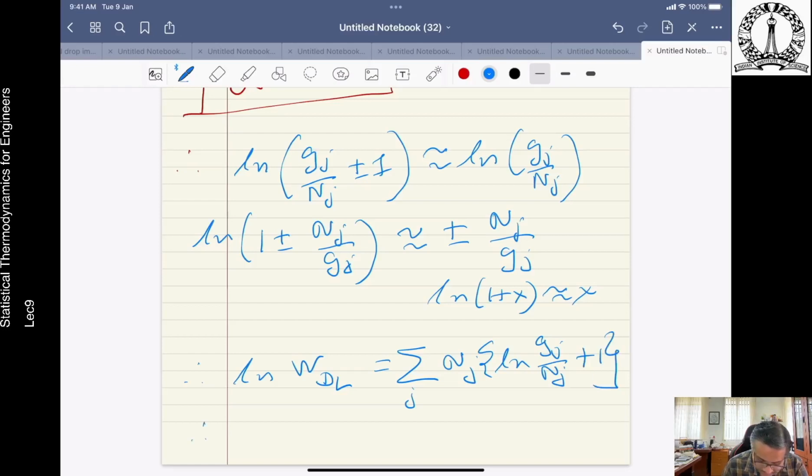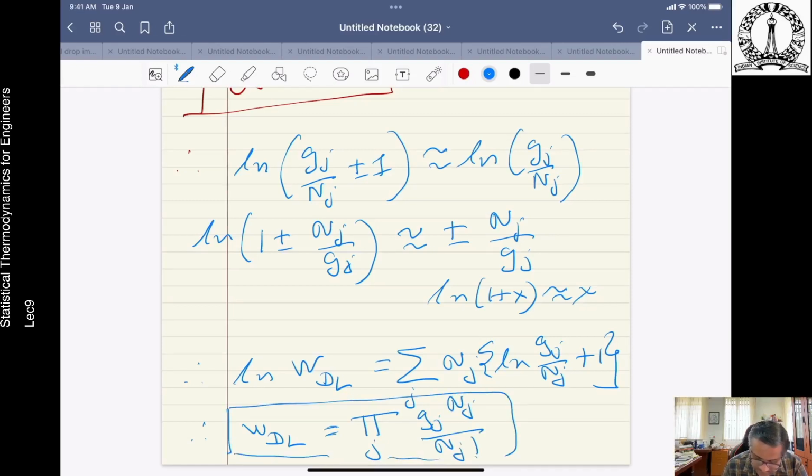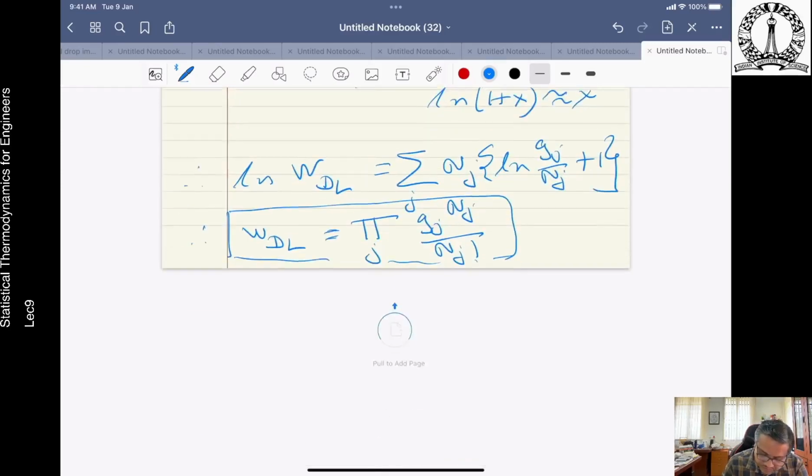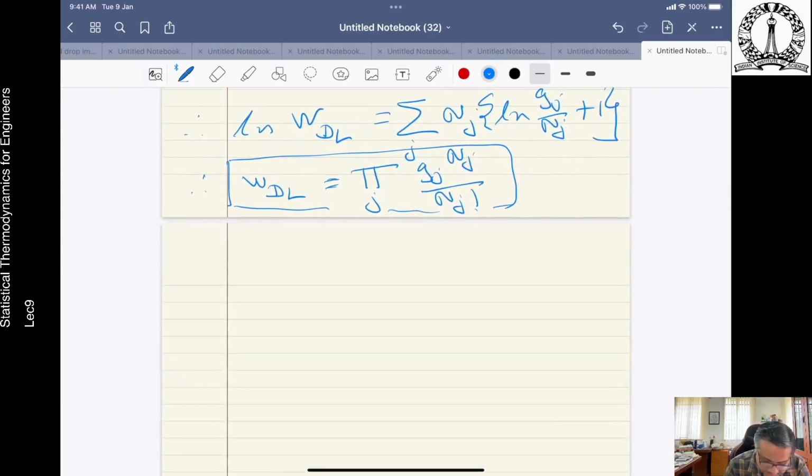Therefore, in the dilute limit, W is the product over j of Gj raised to the power of Nj divided by Nj factorial. This is the final step that you get. We can call this the Boltzmanns, coming from Boltzmann, so Maxwell and Boltzmann basically.